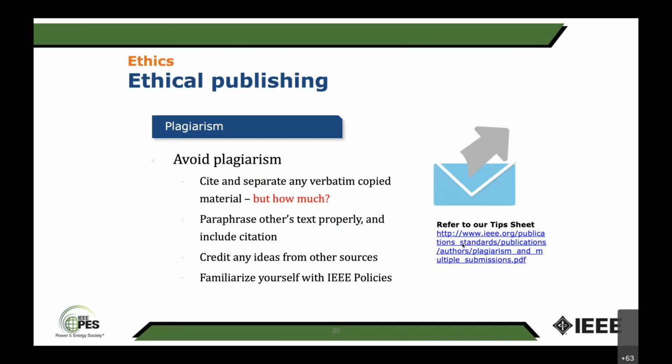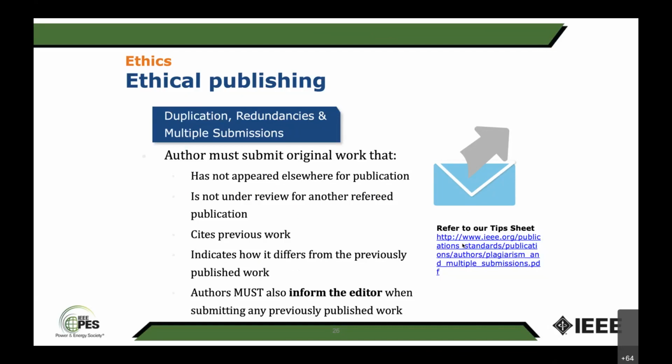I just said that, credit any ideas from other sources. Ideas. Last is make yourself familiar with IEEE policies. On the right-hand side is a URL. Follow that, get some answers for yourself. Okay?